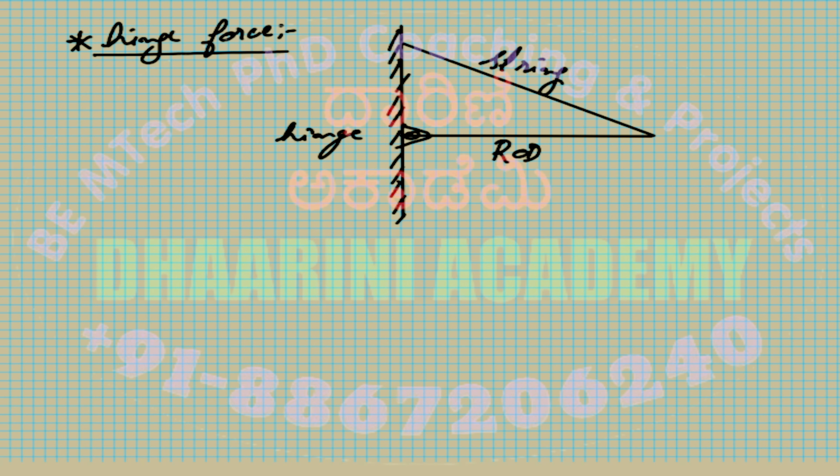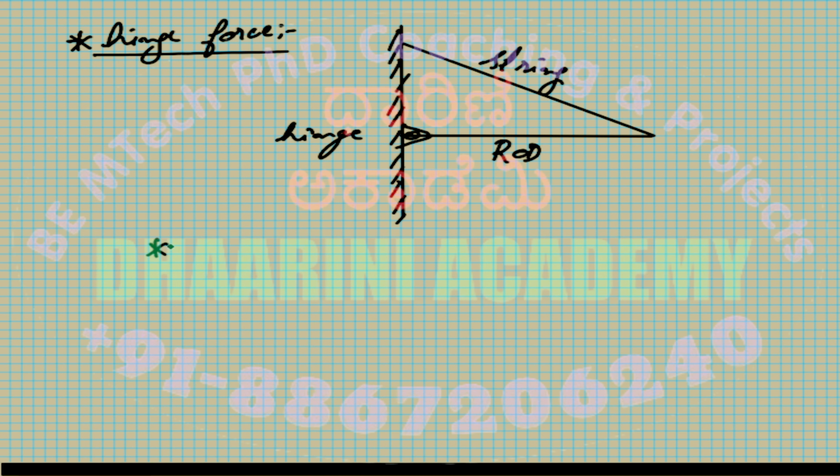Or otherwise we can assume that you can find the magnitude and direction. But anyway, I don't want to write the magnitude and direction now, because anyway, we can convert it, right?